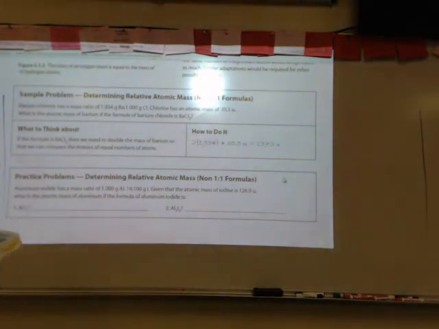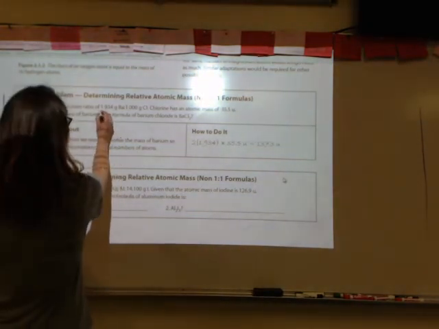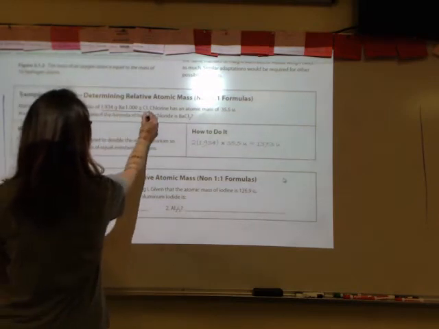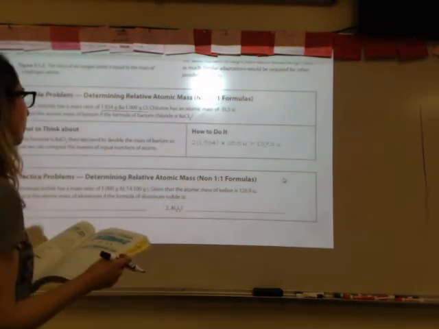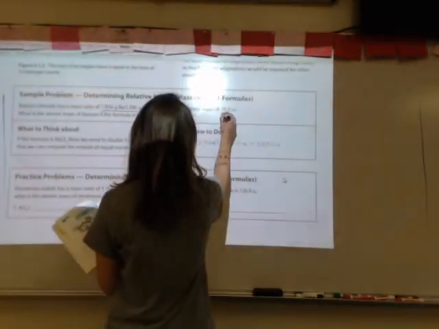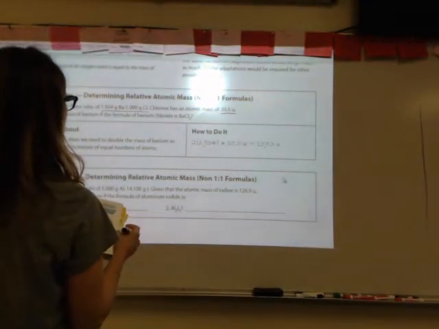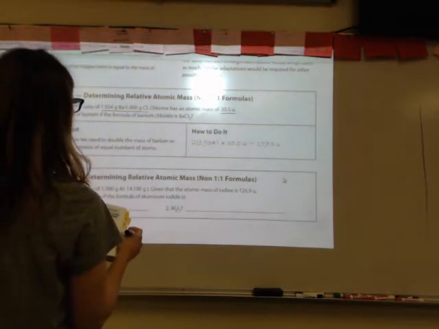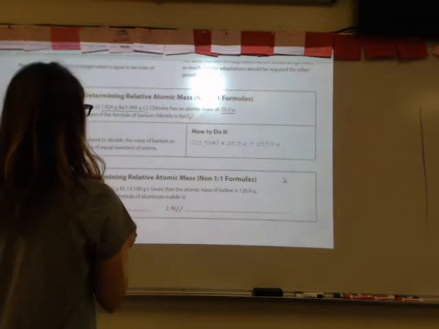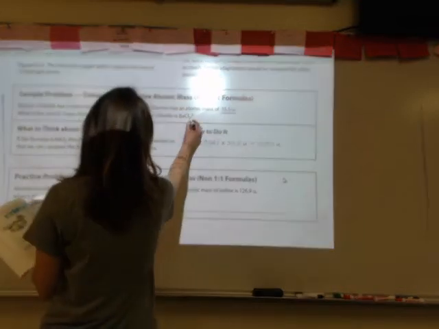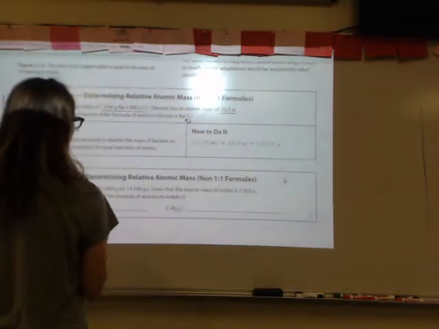For the sample problem, it says barium chloride has a mass ratio of 1.94 grams of barium for every 1 gram of chlorine. If chlorine has an atomic mass of 35.5, what's the atomic mass for barium? If the formula for barium chloride is BaCl2, so you've got 2 chlorines for every 1 barium.